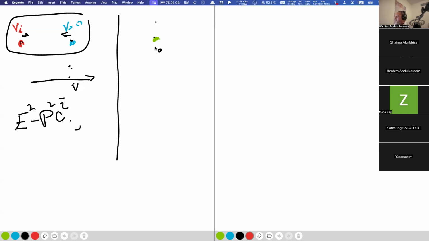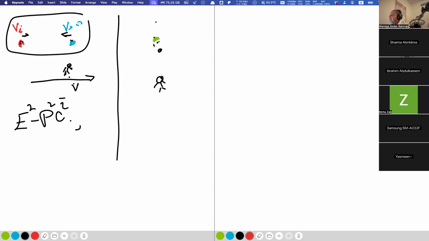Okay? So the nice thing with this invariant relationship is that we can look at the system and select an observer that is stationary, where V of this observer is 0, like the target. And we can have another observer whose reference plane will be in the center of mass of the two particles.